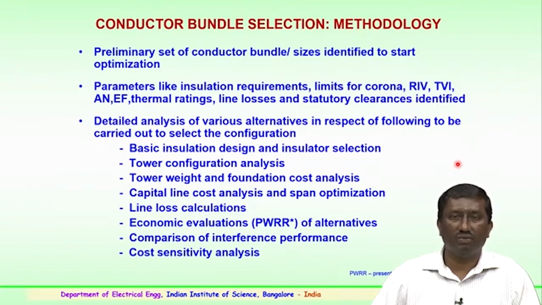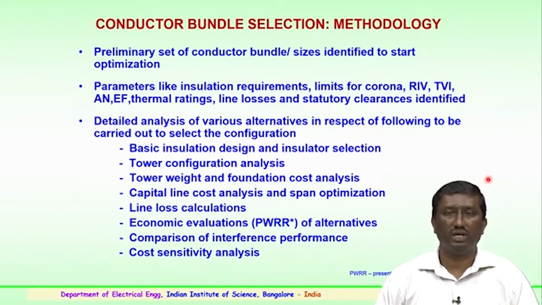Then the tower configuration analysis: what type of tower configuration is used for this voltage level where the conductor is being adopted. The tower weight and foundation cost analysis have to be kept in mind during the estimation of the conductor bundle selection, and important are the capital line cost analysis and the span optimization of the conductors from tower to tower, the span which is being planned.